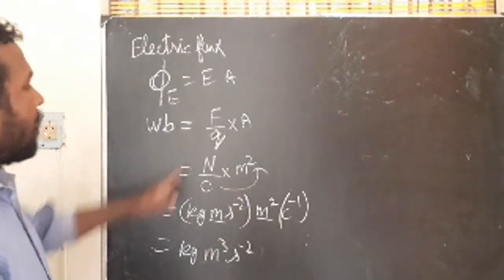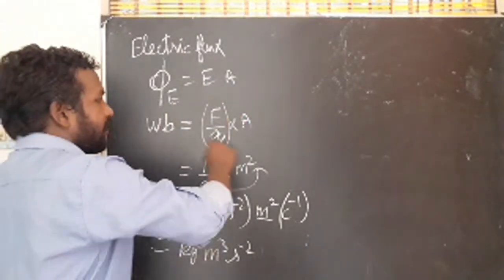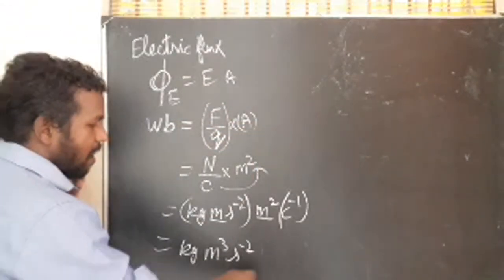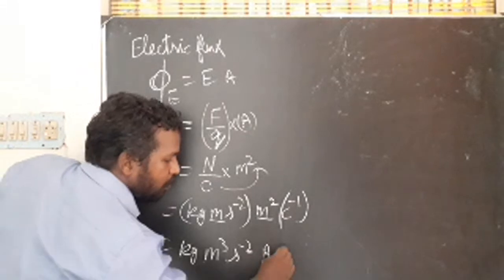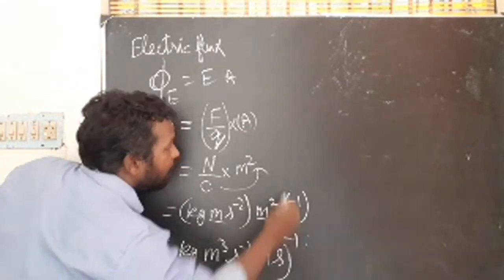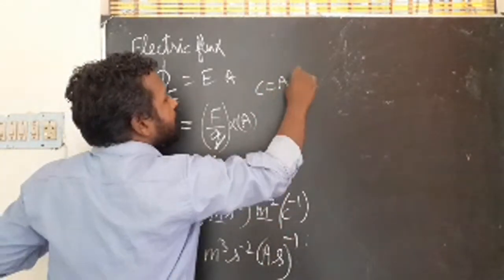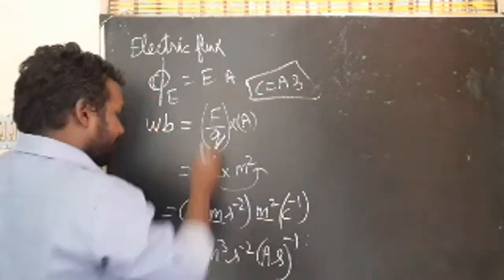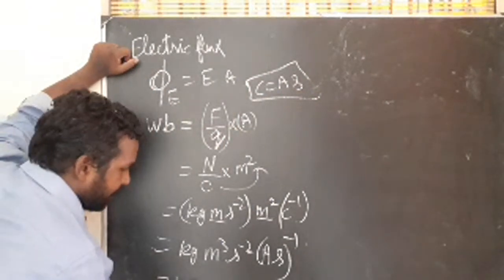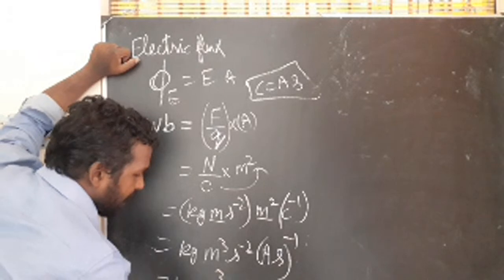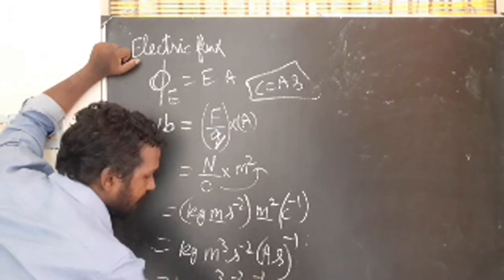Coulombs we should write as ampere into second. So now kg, meter cube, second minus 2, ampere inverse, second inverse.